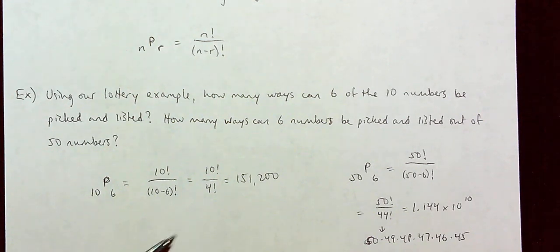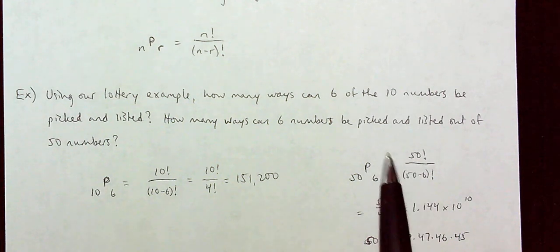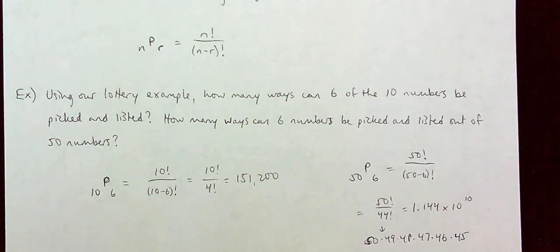Now, this here is a bit more realistic because many lotteries do have a larger selection of numbers that can be picked. They can go from 1 to 50 or even 1 to 60 sometimes.